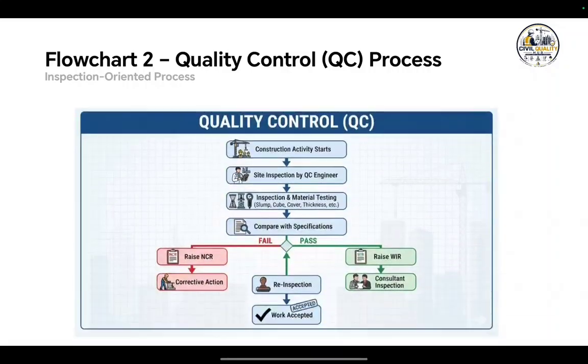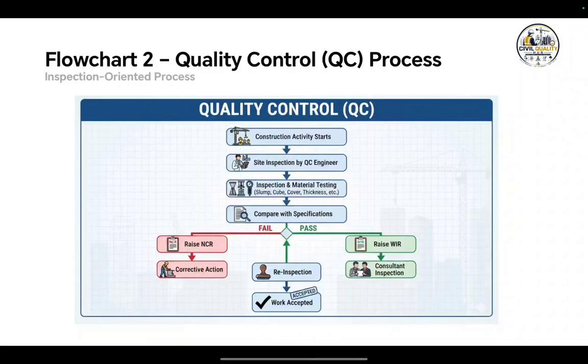Now let us move to flowchart 2 for quality control processes. Let's understand the QC process. As construction starts, the QC engineer performs site inspection. Then testing is carried out. Results are compared with specification. Now there are two possibilities.